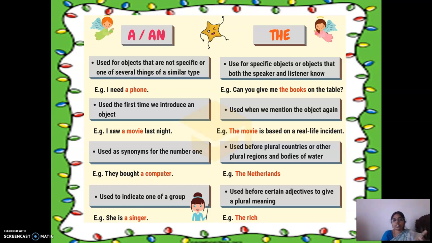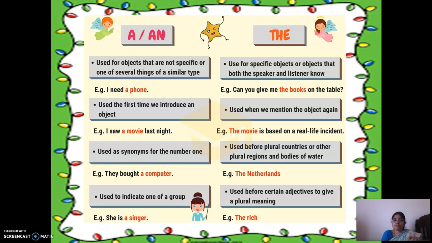Use it the first time we introduce an object. Example: I saw a movie last night. A movie. So the first time you are introducing that movie. So I saw a movie last night.